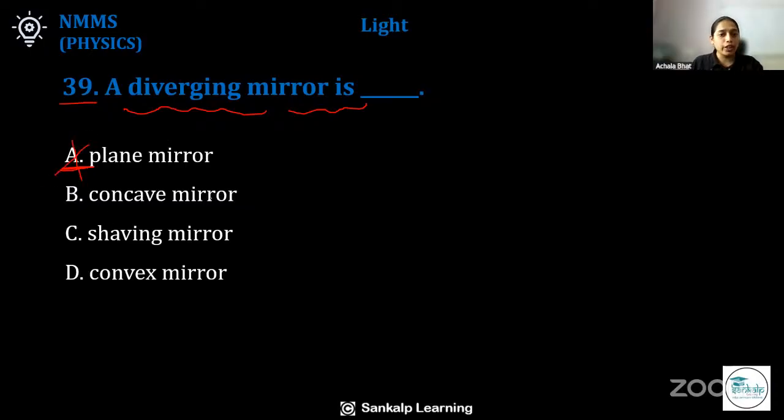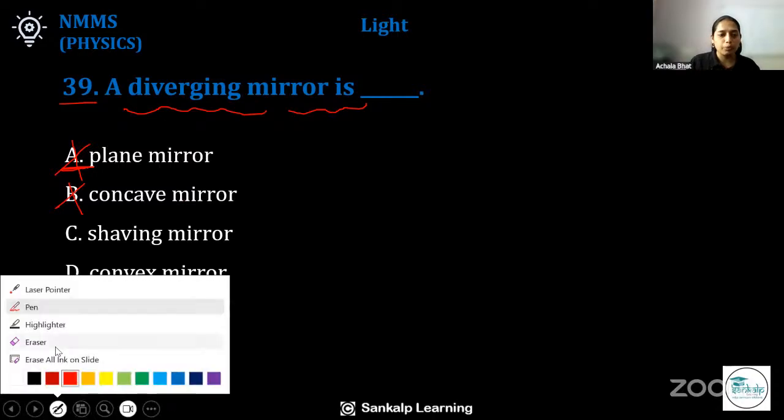Wrong. Concave mirror is called converging mirror. Therefore, this is used in solar furnaces due to the property of converging.